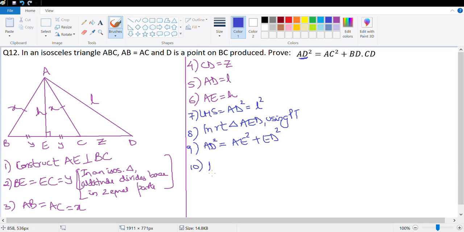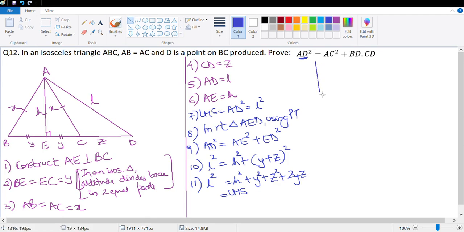What it means is L square is equal to AE, which is H square, plus ED, which is nothing but Y plus Z whole square. So this is H square plus Y square plus Z square plus 2 times YZ. Let's just check. This is fine. This is my left hand side.